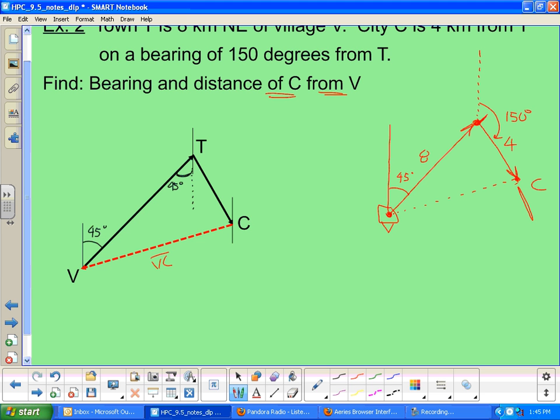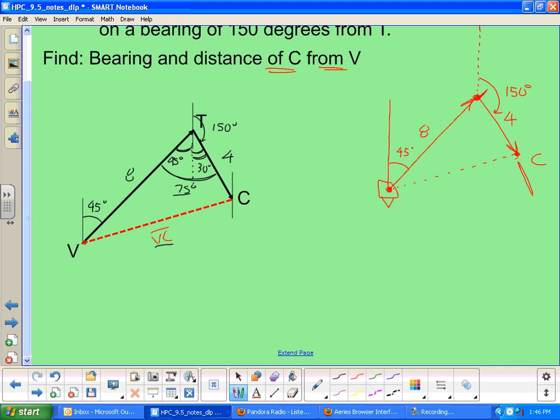How do I know it's 30? All right, good deal. So if this is a 150 bearing, that means the leftovers is 30, which means this whole angle is 75 degrees. And now I have enough information, side, angle, side, to be able to find line segment BC.